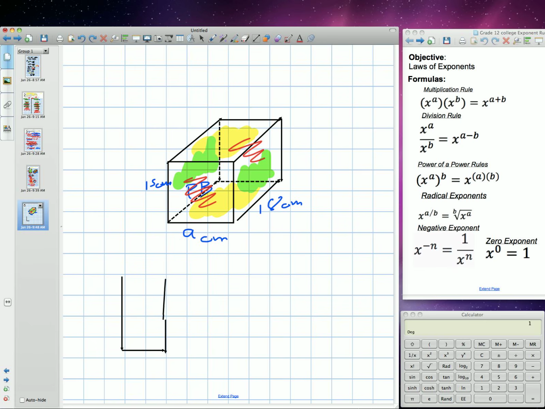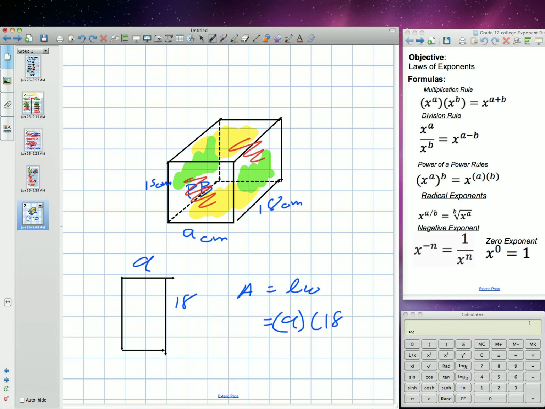So we get 9 times 18, which will give us 162 centimeters squared. Now there are two faces like that, so again we multiply it by 2. We get 324 centimeters squared for the top and the bottom face.